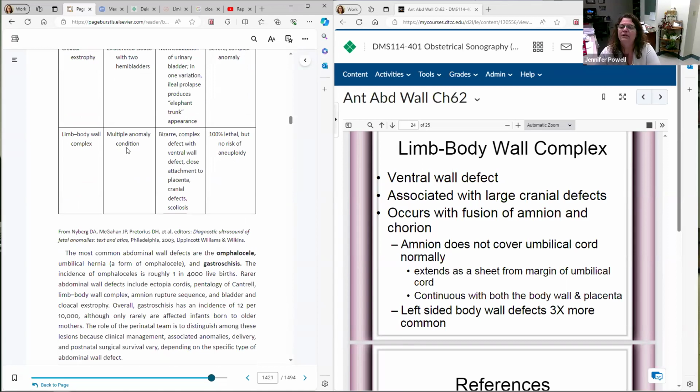Multiple anomaly conditions, complex defect with ventral wall defect, close attachment to placenta, cranial defect, scoliosis.